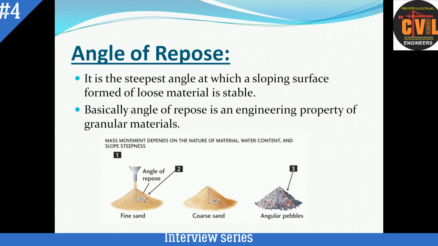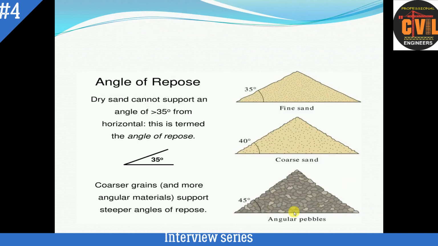Now what is the angle of repose? It is the steepest angle at which a sloping surface formed of loose material is stable. Basically, angle of repose is an engineering property of granular material. You can see here, for sand it is 35 degrees, for coarse sand it is 40 degrees, and for granular pebbles it is 45 degrees.